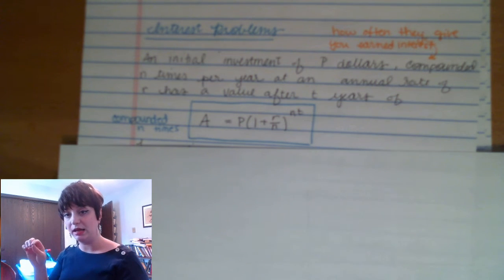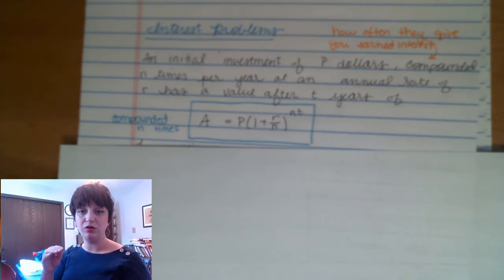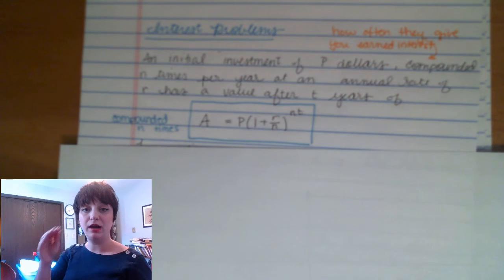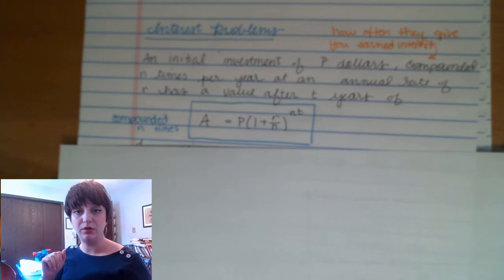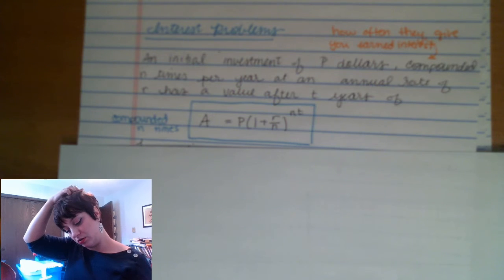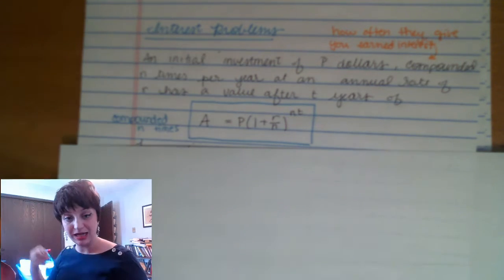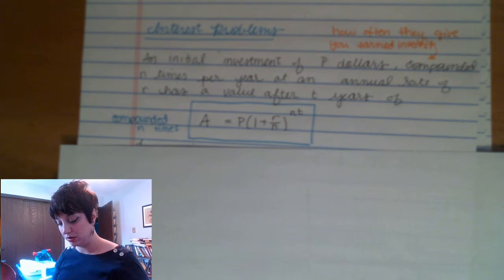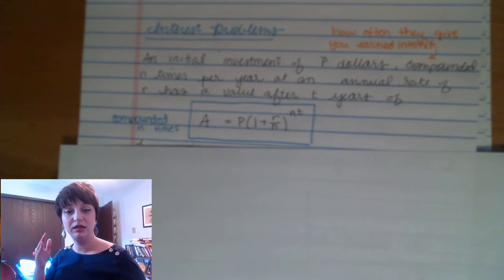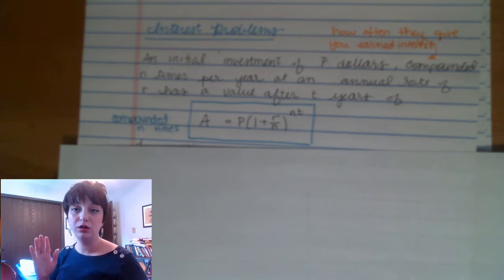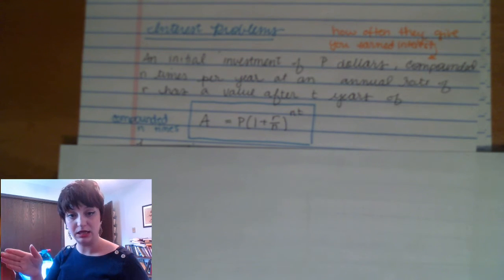But what if they actually give you small amounts of your gained interest every month? Over 12 months you made $10, so that means in 1 month you'd make 83 cents or whatever. So at the end of every month they decide to go ahead and give you the 83 cents.